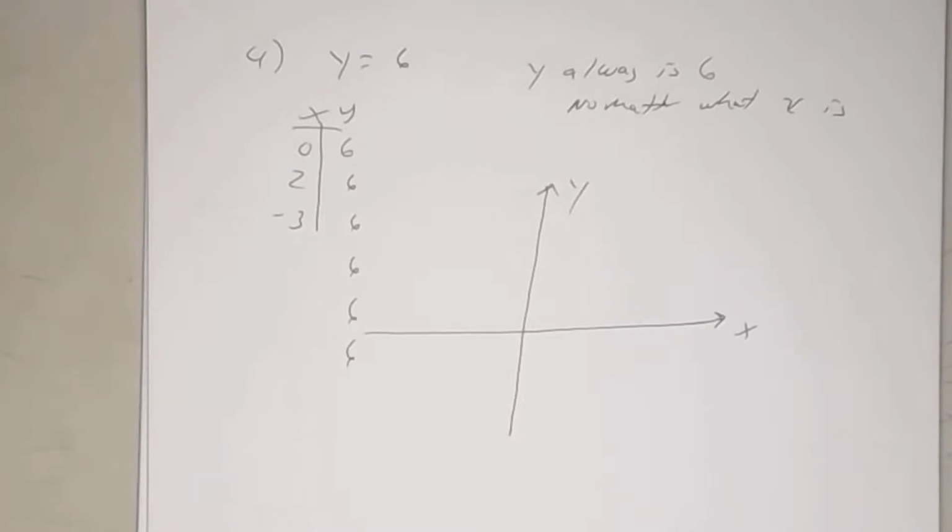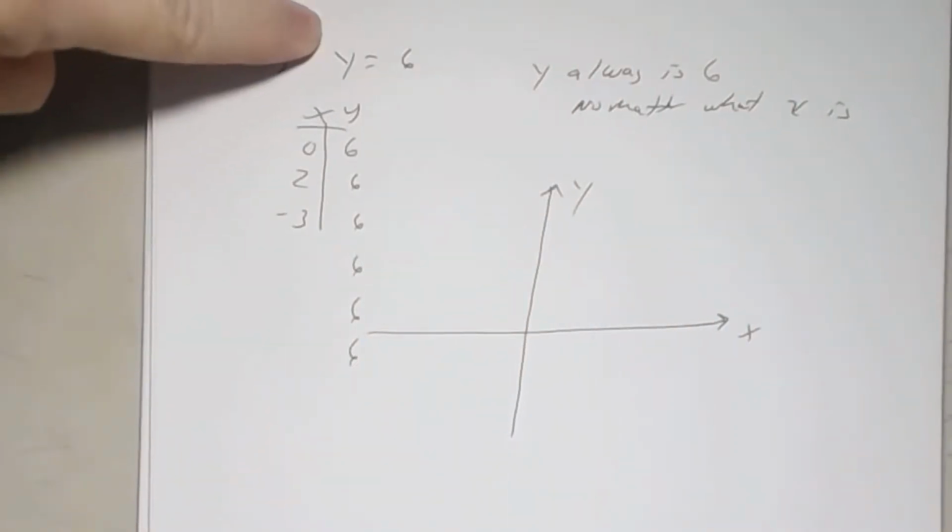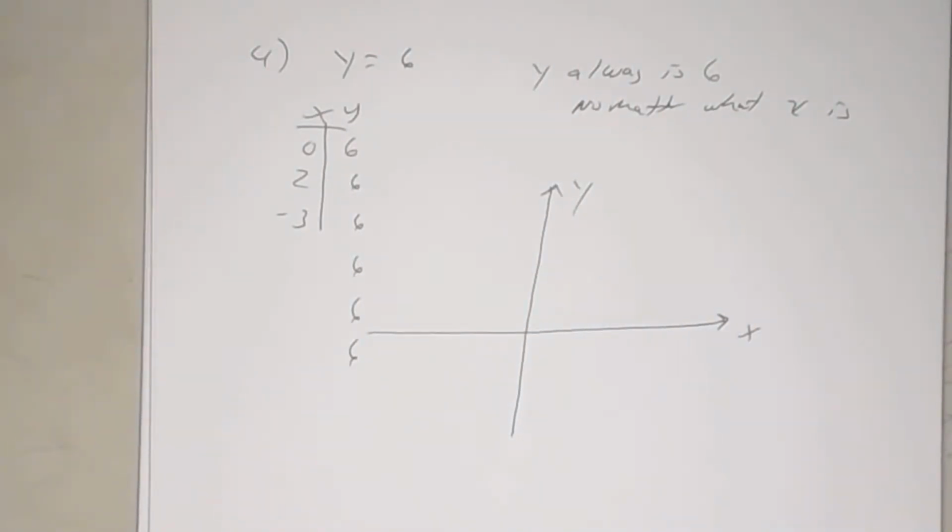Whenever there's just one variable, students get a little confused with that. They can graph a line where there are 2 variables, but when there's one, they get confused. And you really shouldn't, because this says y always equals what? 6. So in your t-table, you just put 6 all the way down the y column and pick numbers for x.